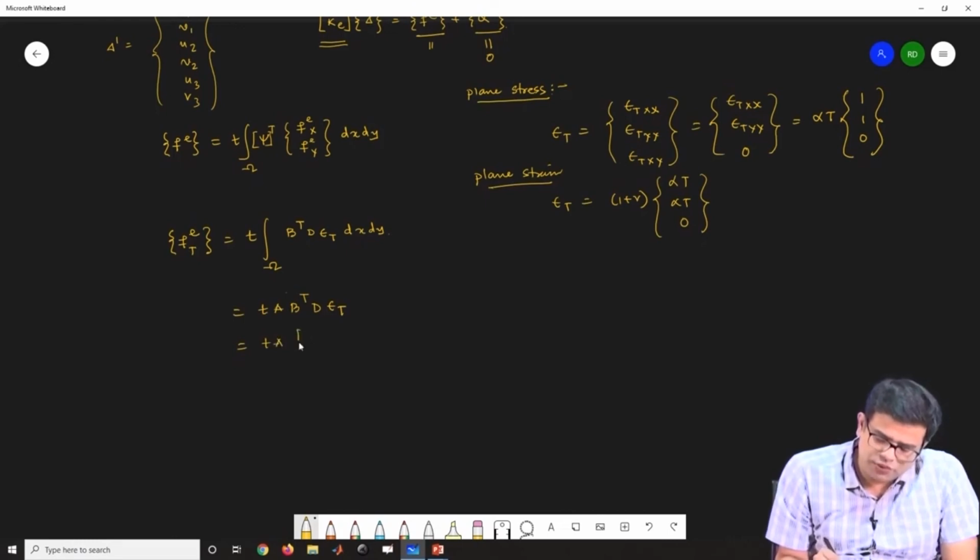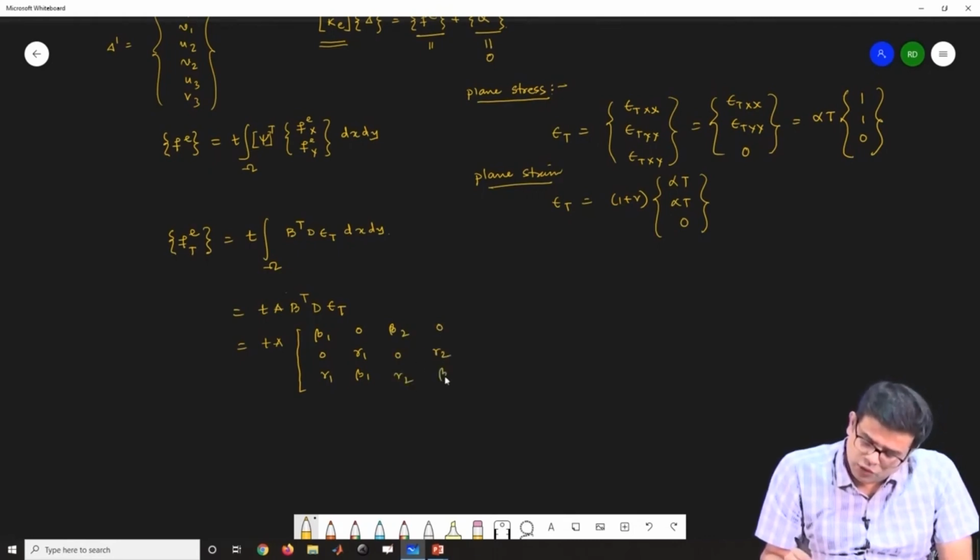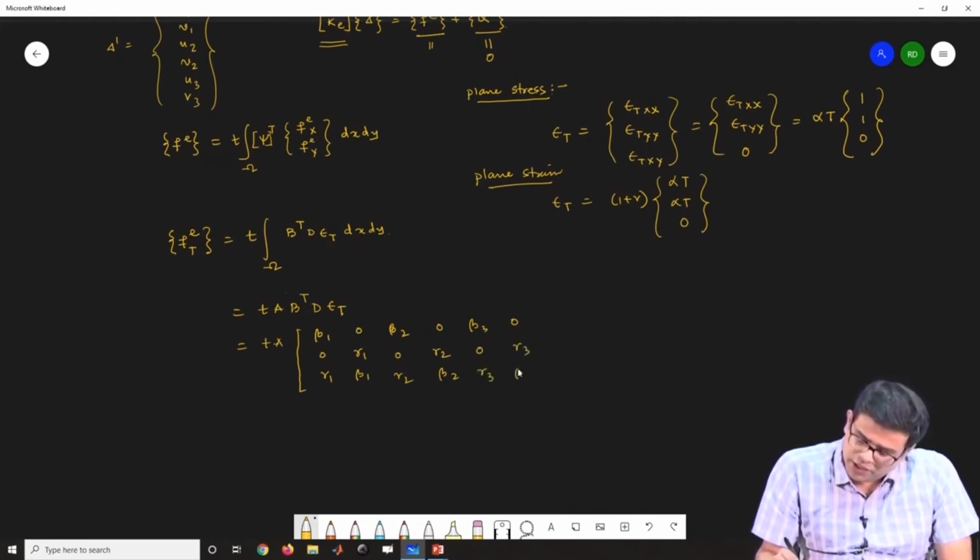So B transpose is, we all know, beta 1 0 0 gamma 1 then gamma 1 beta 1, then 0 beta 2 0 0 then gamma 2 then gamma 2 then beta 2, then beta 3 0 0 gamma 3 then gamma 3 then beta 3.